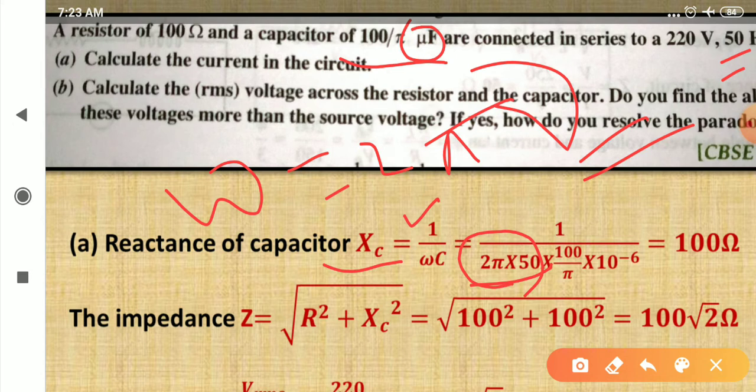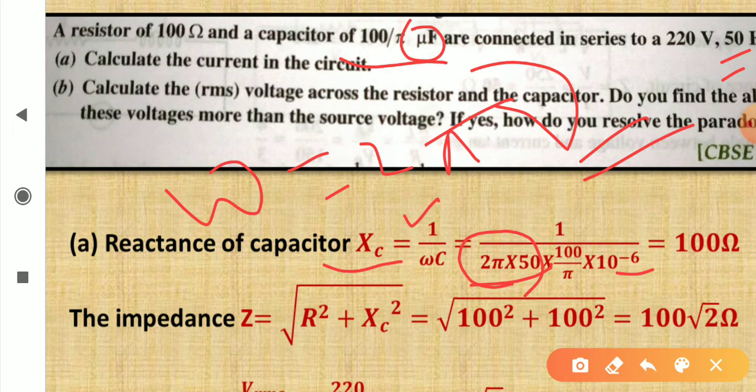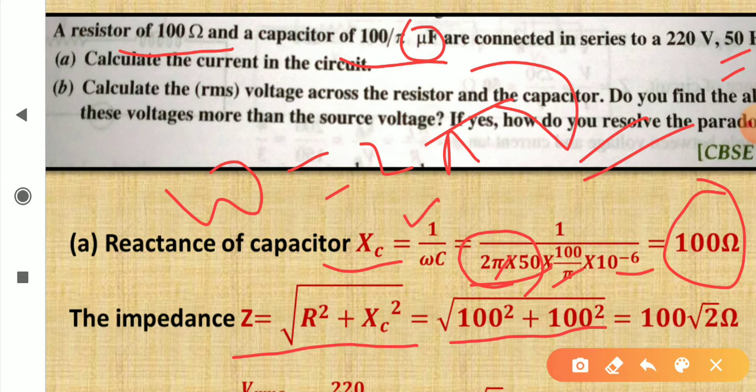So the value of micro is 10 raised to the power minus 6. And simplifying it, you can cancel out this pi and pi. Simplify, you get 100 ohm. So reactance of capacitor is 100 ohm and the resistance is given to be 100 ohm. So the impedance is under root R square plus Xc square, that is under root 100 square plus 100 square, or 100 root 2 ohm.